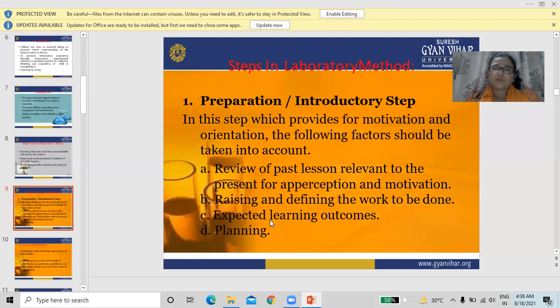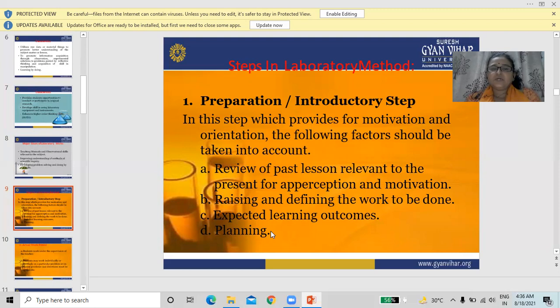Next is raising and defining the work to be done. Next, expected learning outcome. Next is planning.